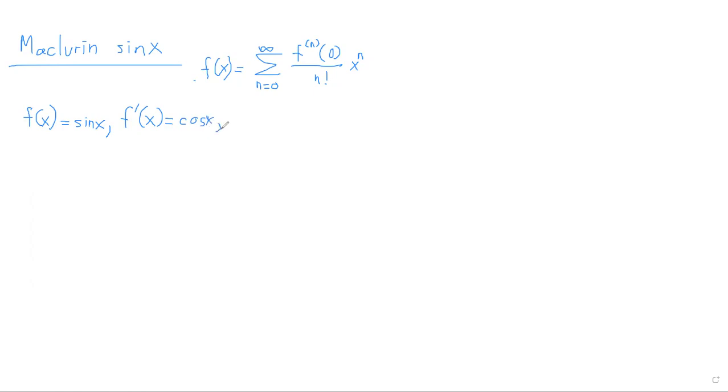F double prime of x is equal to negative sine x.